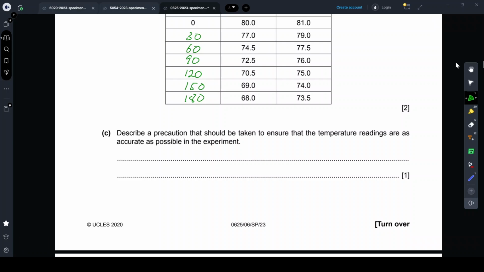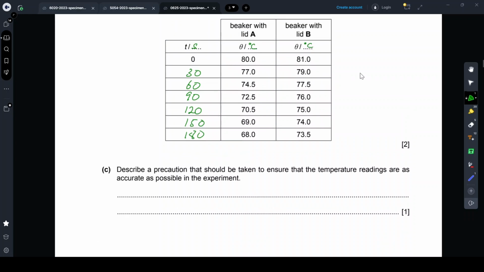Wait for stabilization? Stabilization when? Because during the experiment you can see the temperature is dropping, so nothing's going to be stable. If you're waiting, you'll miss the proper reading. So, okay, we should avoid the parallax error.